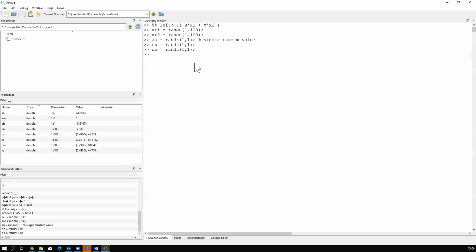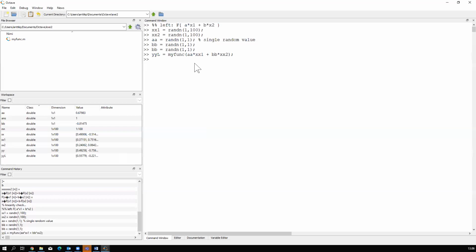Okay, and now we can calculate the function output, which is YYL, like left part, is my func, AA times XX1 plus BB times XX2. That's the left-hand side.